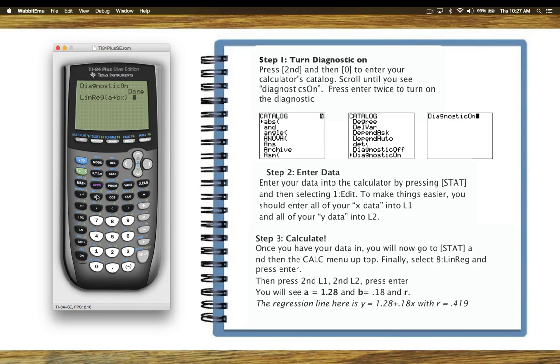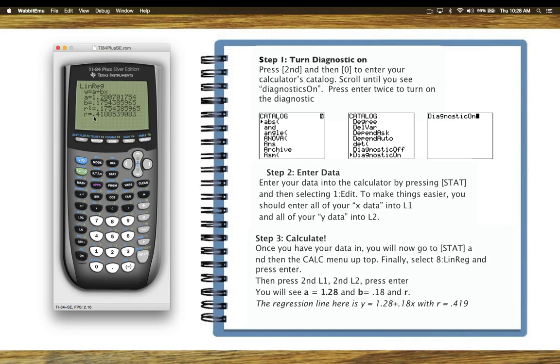So second L1, comma, second L2, press enter, and then you see that A is 1.28, B, the slope, stands for 0.18 depending on rounding, and the linear correlation coefficient is 0.419. Again, look at your rounding instructions.